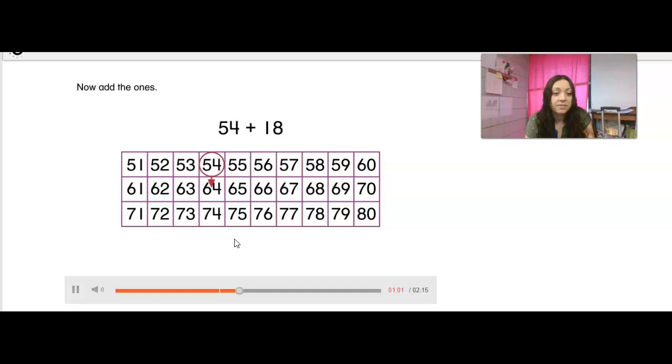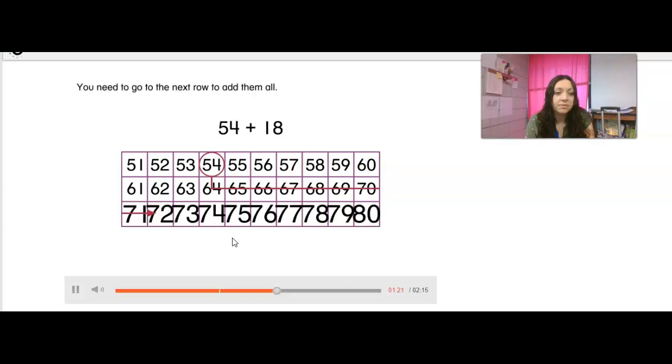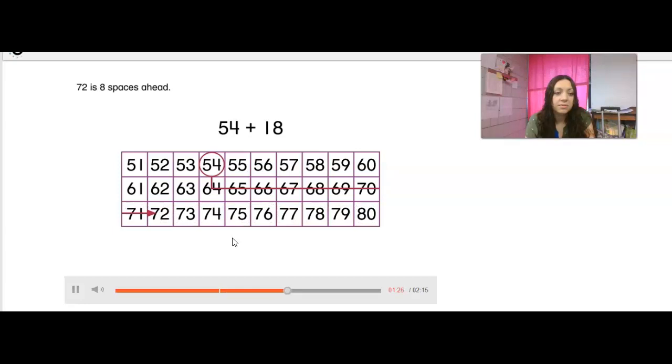Now add the ones. You are already at 64. Now move ahead 8 to show 8 ones. How many spaces ahead is 72? You need to go to the next row to add them all. 72 is 8 spaces ahead. How many ones is that? 8 spaces.